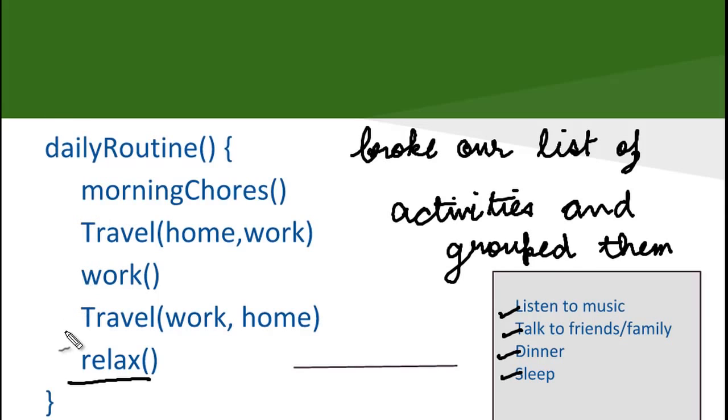So we had a list of many activities, and now we have morning chores, which again consists of activities, but our daily routine is now simple. We have morning chores, we have travel from home to work, we have travel from work to home, then we have relax.